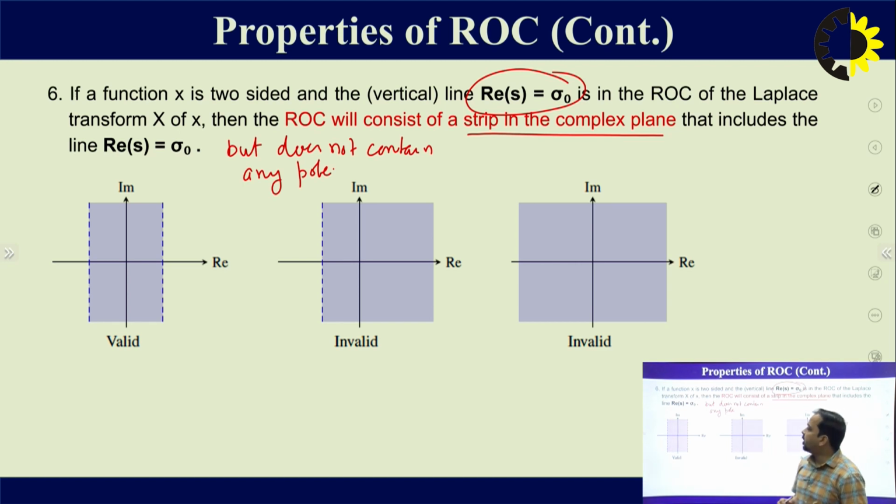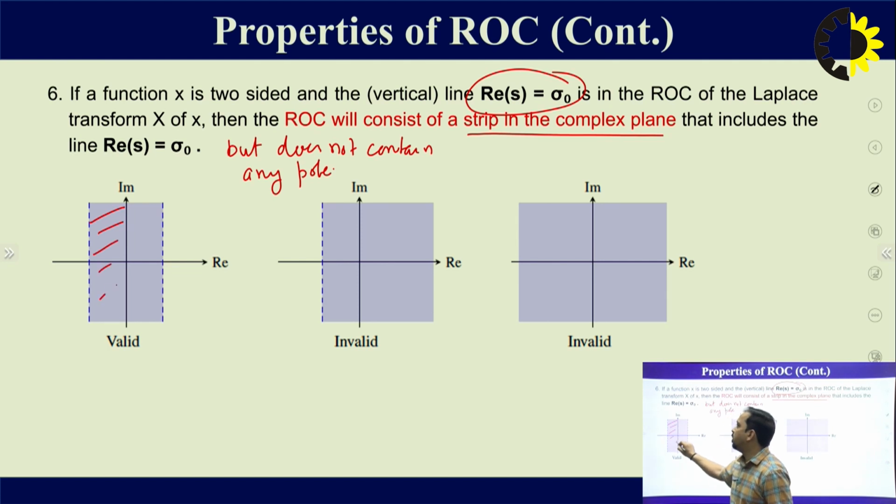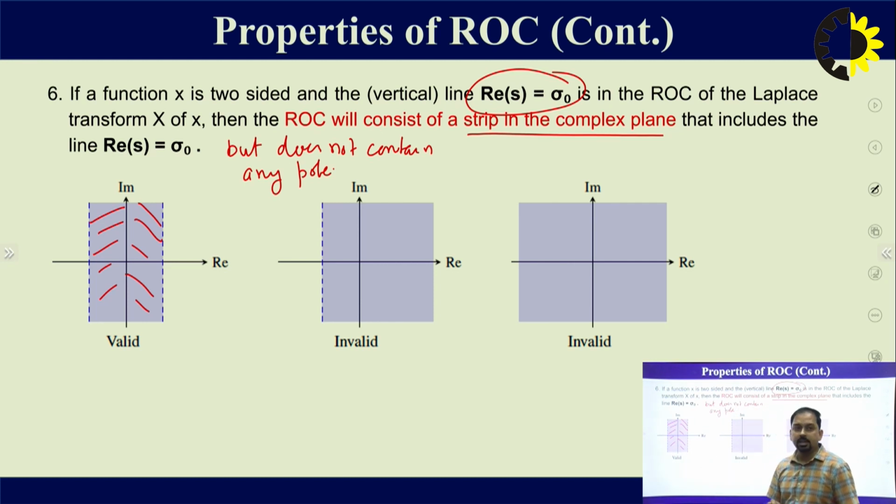So we can see that if it is both sided, we have some right sided part and some left sided part. So we have that intersection type, and the common region will be this entire one. If we see this one, clearly this is RHP, and this is entire.